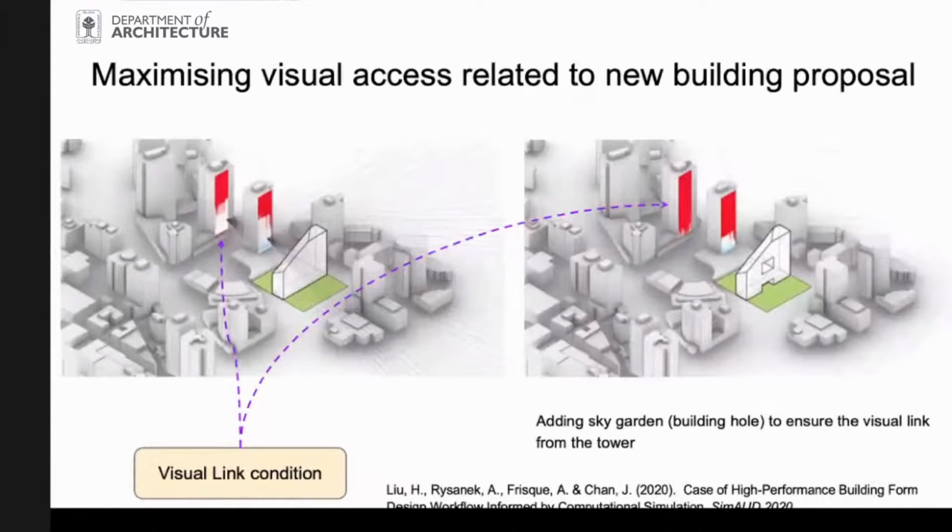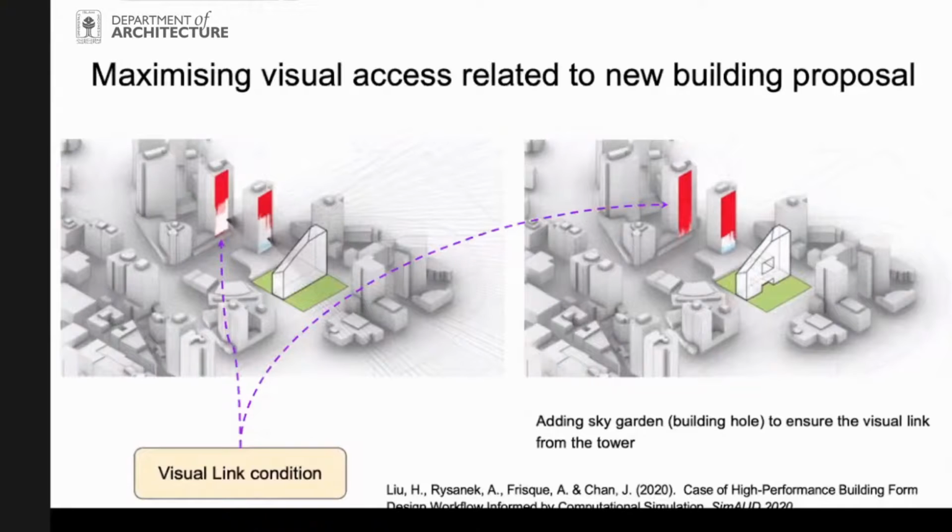We can also utilize some software to test the visual. So for example, you design a building and you want to maximize the visual access from the building. What can we do? We can try to manage the design to make that visual condition in the building achievable.